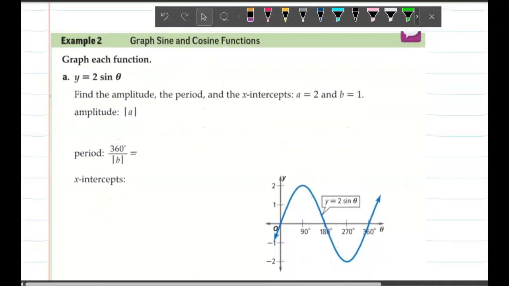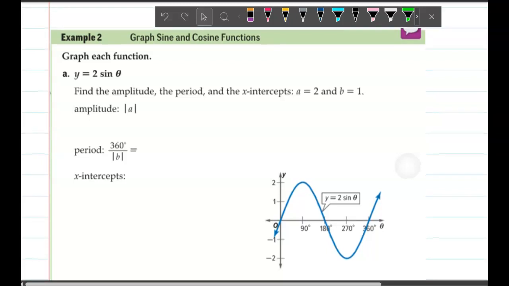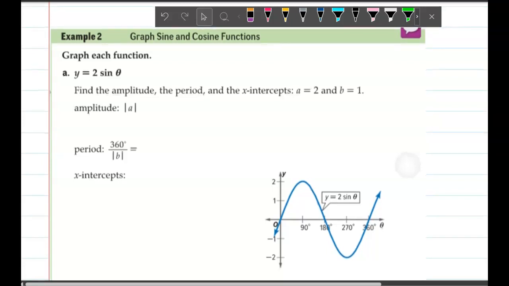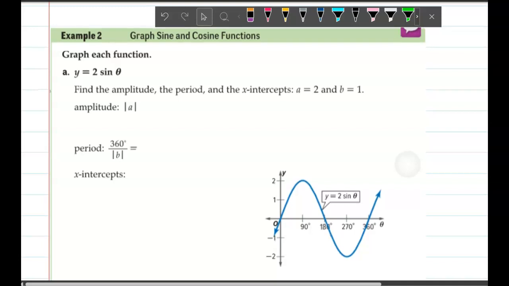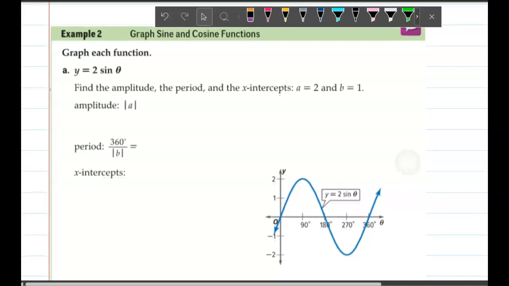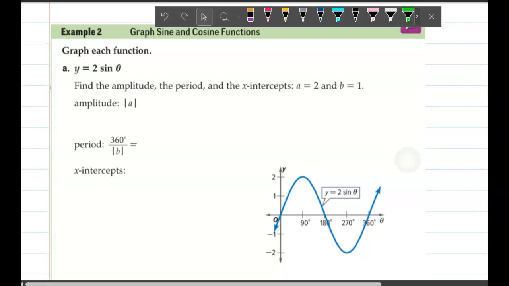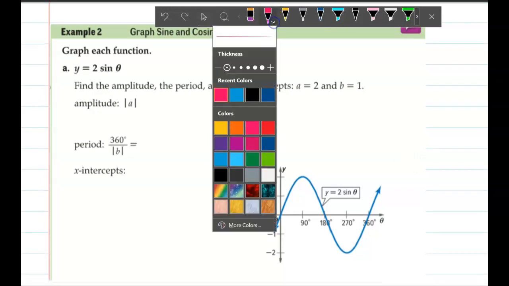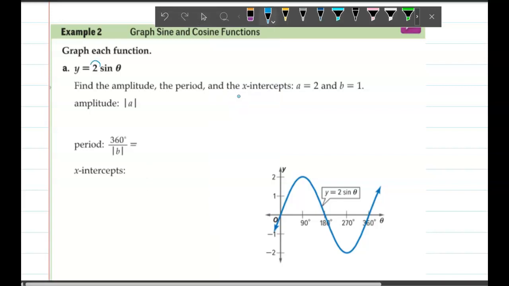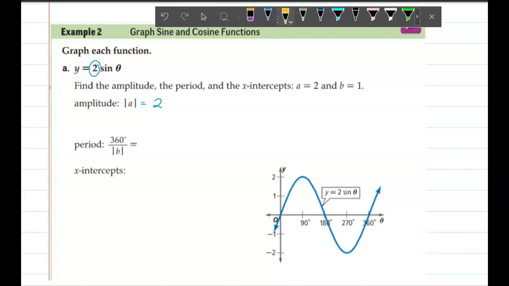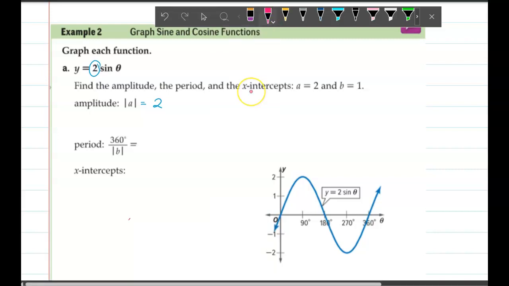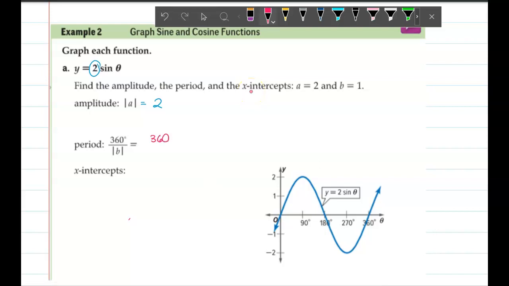In order to graph the sine and cosine functions, again, we have graphing technology like TI calculators and Desmos, and those are perfectly acceptable to use as we progress through step 29. Again, finding the amplitude here, we know that it's the coefficient, which is 2, and our period is 360 divided by 1, the absolute value of 1 to be specific, which is 360 degrees.